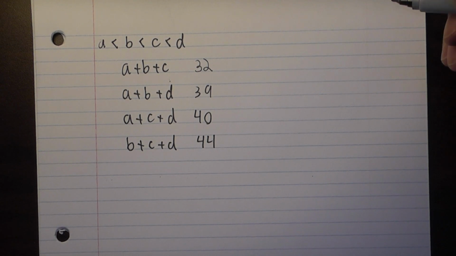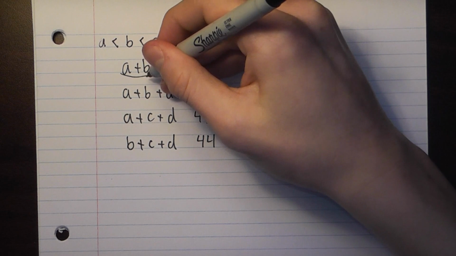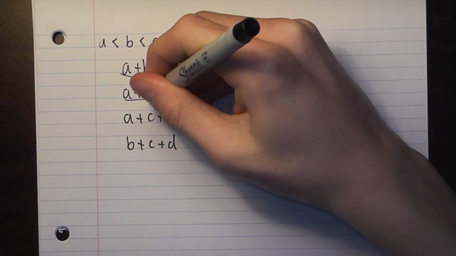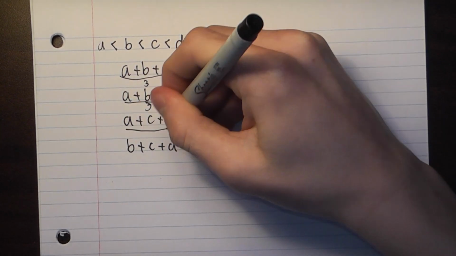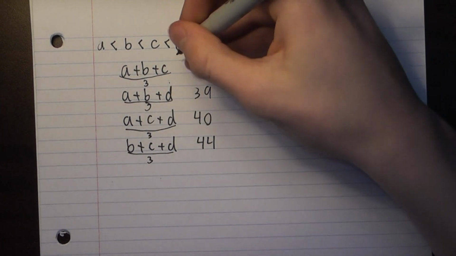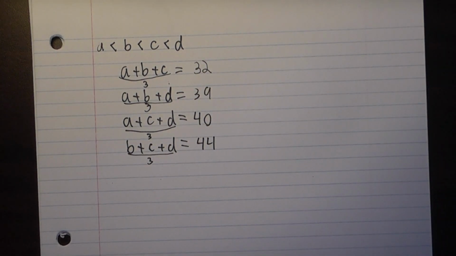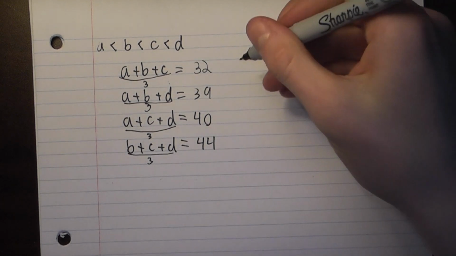So in averages, you divide it by the amount of terms that there are, and there are 3 terms in each one, so each one is divided by 3. So now to simplify it, we can multiply each side by 3.